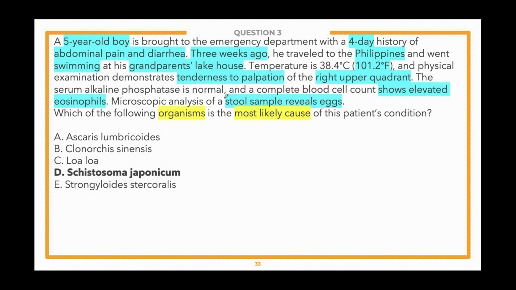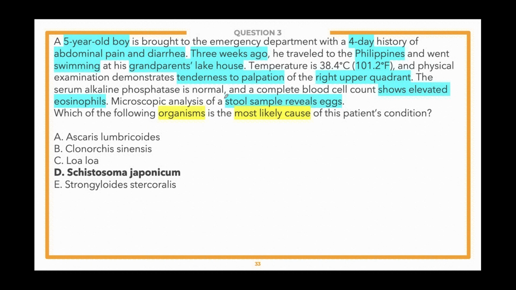Answer choice B usually presents with jaundice, is not a very common infection, and is not something you would see in that area with that exposure. And lastly, answer choice A, you would also be on the lookout for respiratory symptoms, obstruction of the pancreatic or biliary duct, other things like that.